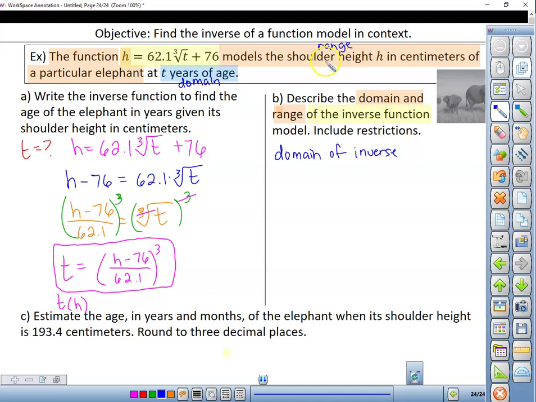So the range was the shoulder height in centimeters of a particular elephant.